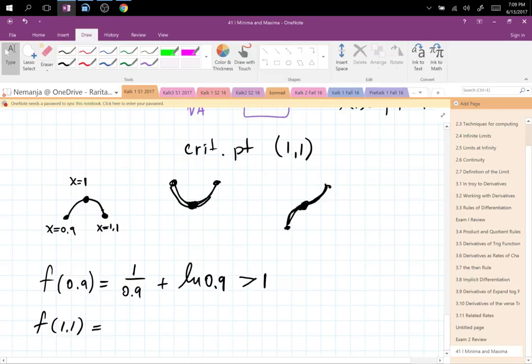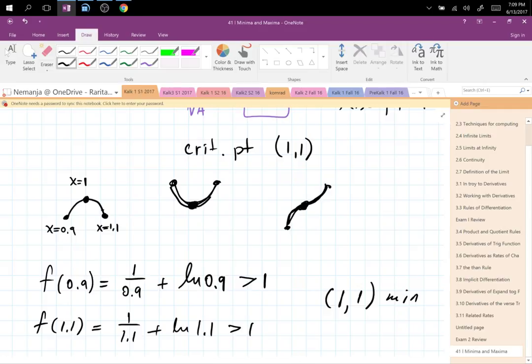1 divided by 1.1 plus ln of 1.1. Also larger than 1, so 1 is a minimum, because when you move a little bit to the left and a little bit to the right, both of these points are higher than our 1.